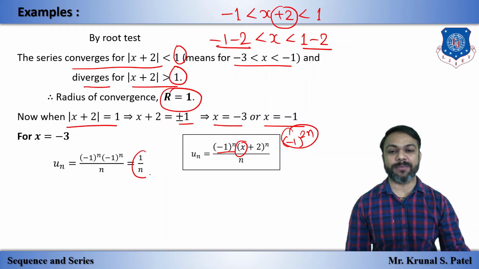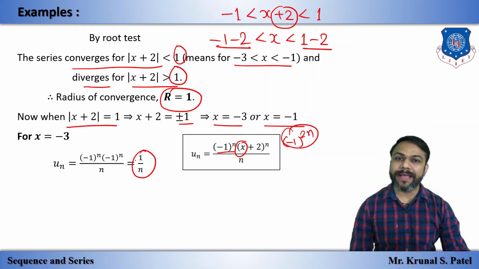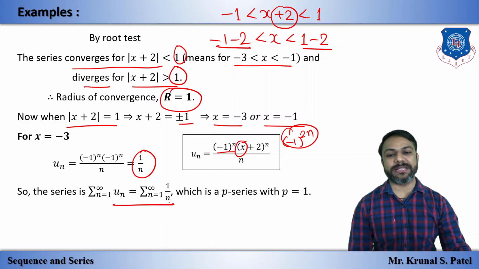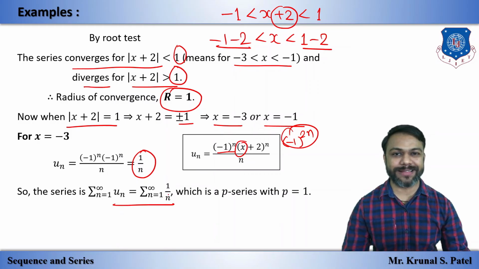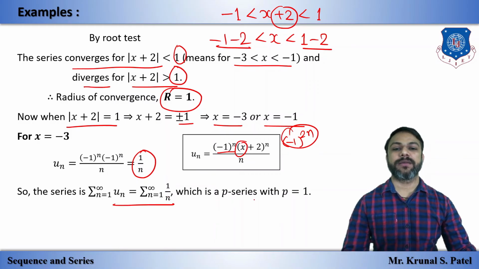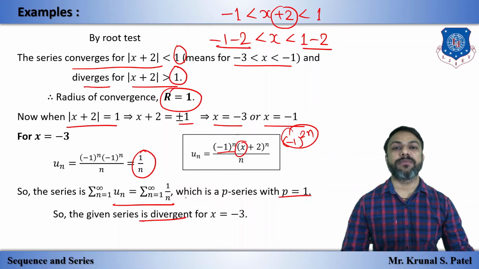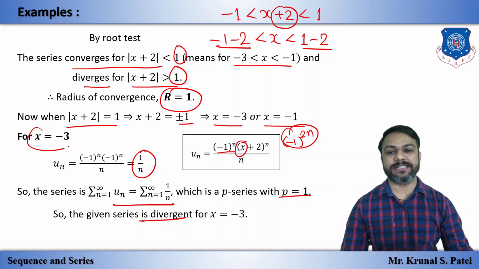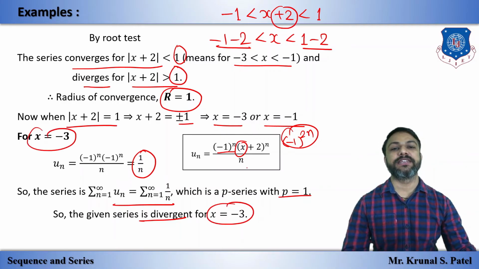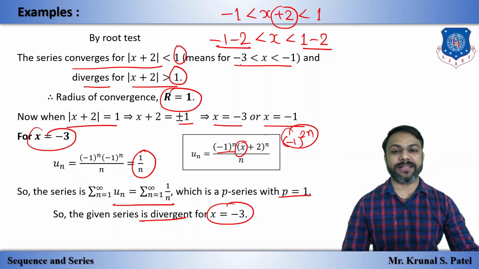So un is 1 by n. So directly by the P series, no need for the comparison test or anything else. By the P series, P is 1, so un is divergent at x equal to minus 3.